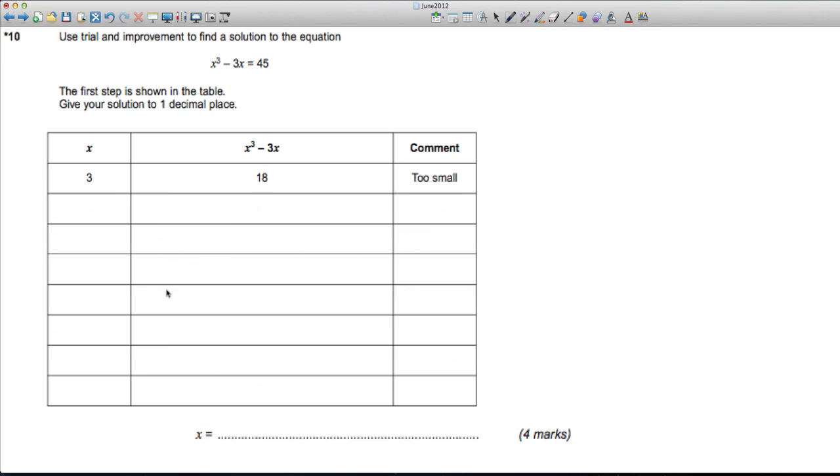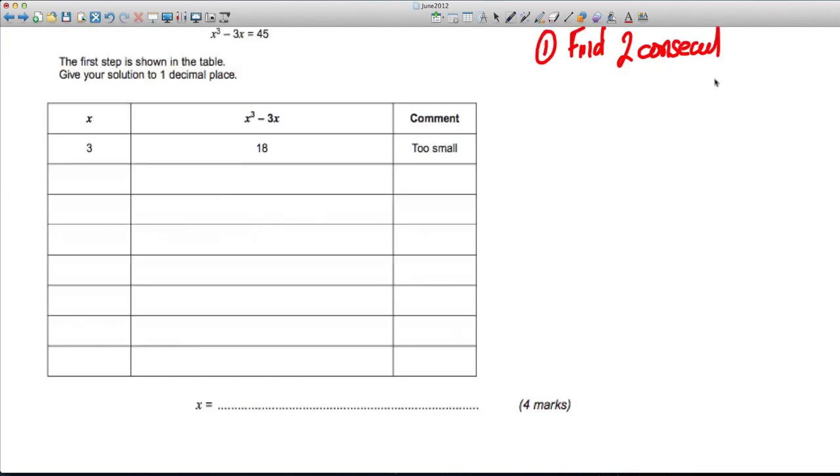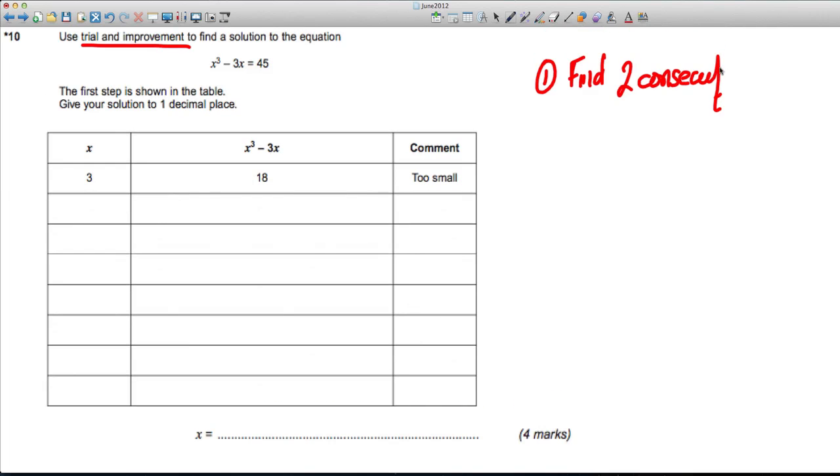Okay, the next question is an extremely easy question on trial and improvement to find a solution to the equation. Now, the first guess is x is 3 for this and it's too small. So the first thing you have to do is find two consecutive integers, whole numbers, where one's too big and one's too small.